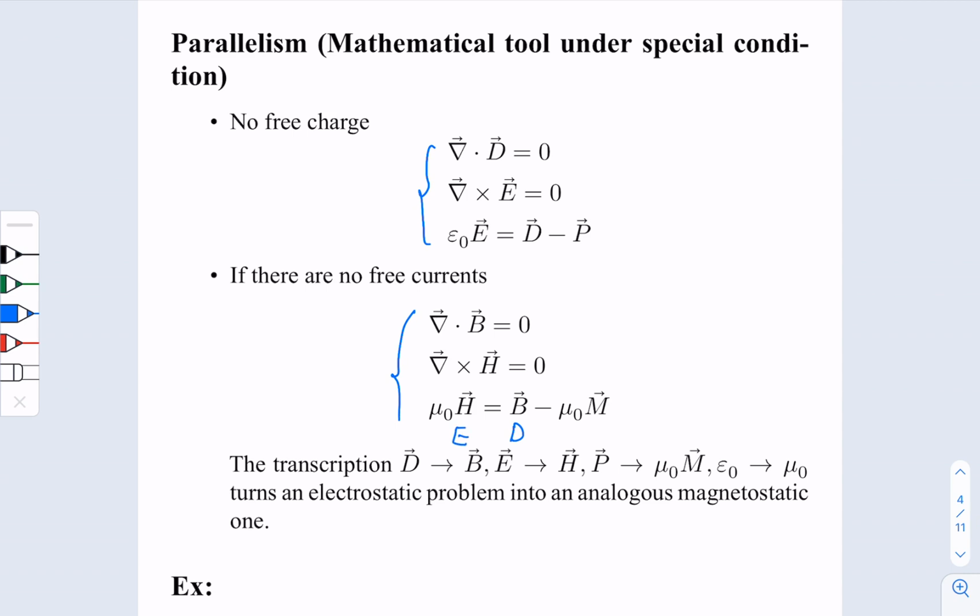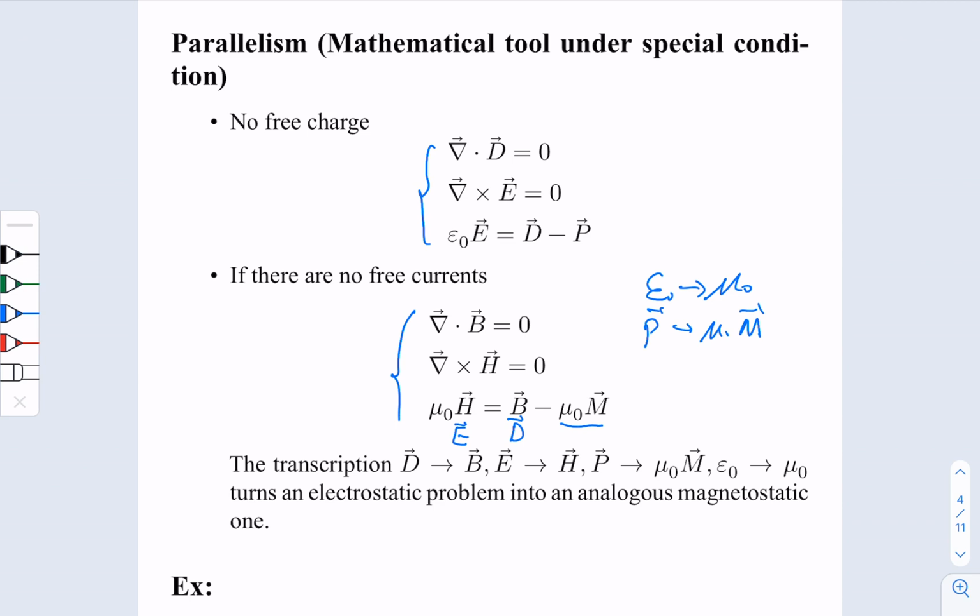So now what we need to do is the replacement here: we replace the epsilon naught by this mu naught, and then replace the P by this mu naught M. Then if we do this replacement, the third equation also becomes identical to each other.